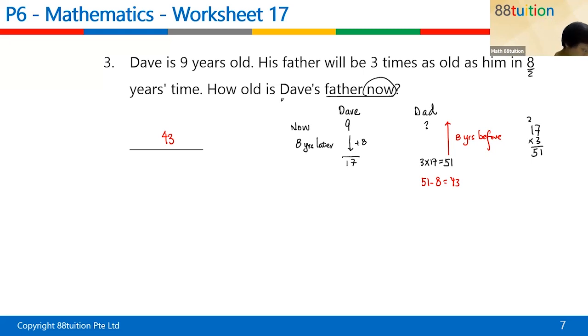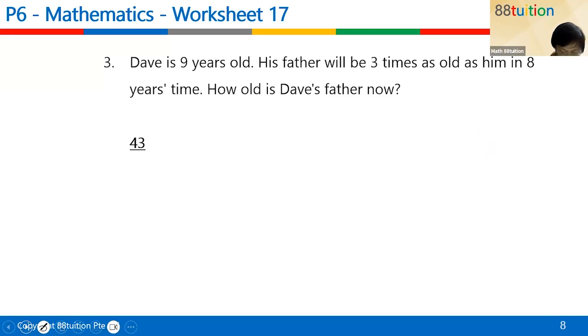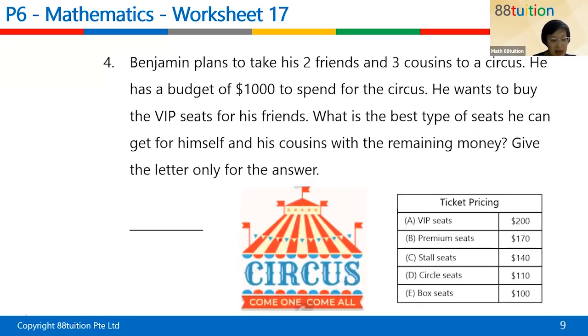All right. Next question. Number 4. Benjamin plans to take 2 friends. So he's going to bring 2 friends with him. Okay, 3 cousins to the circus, but he has only $1,000 to spend.